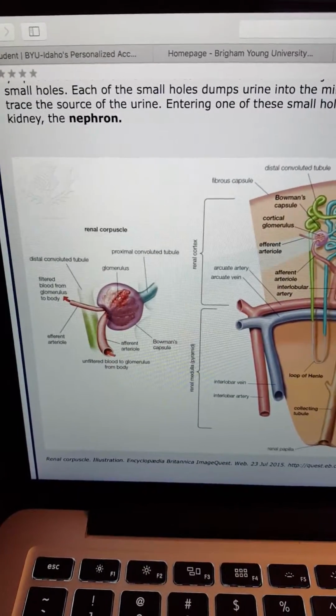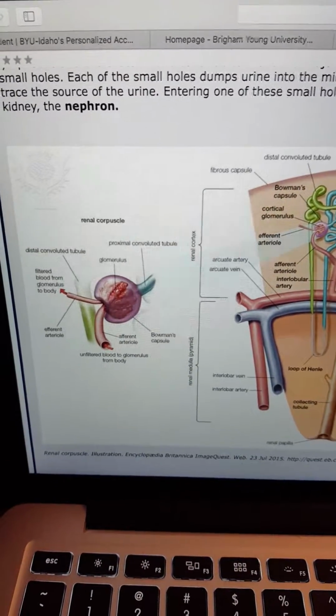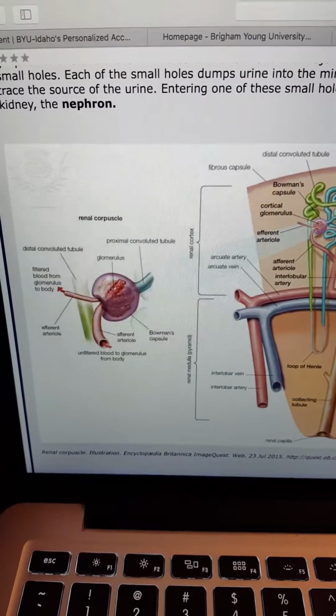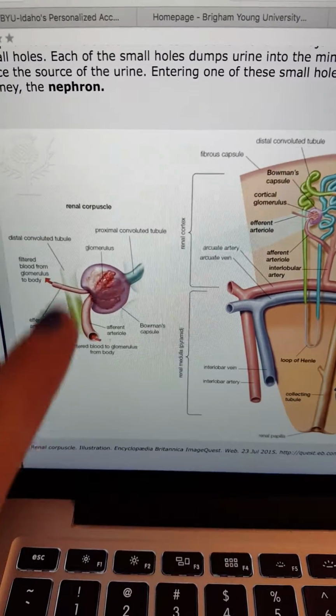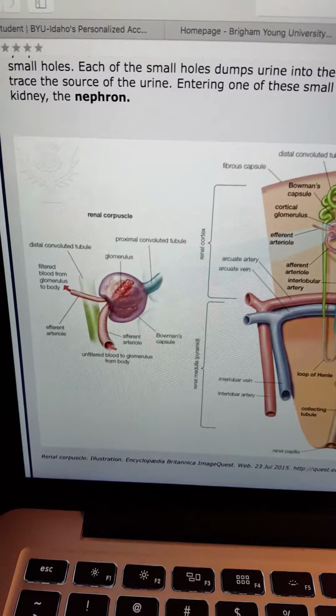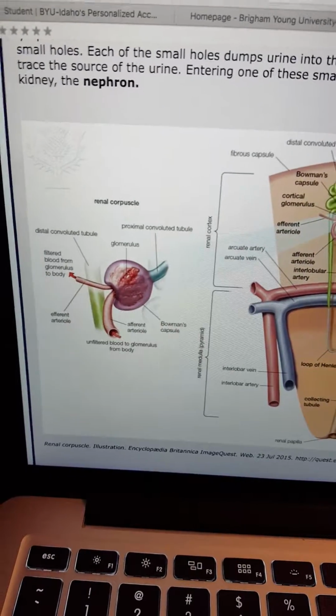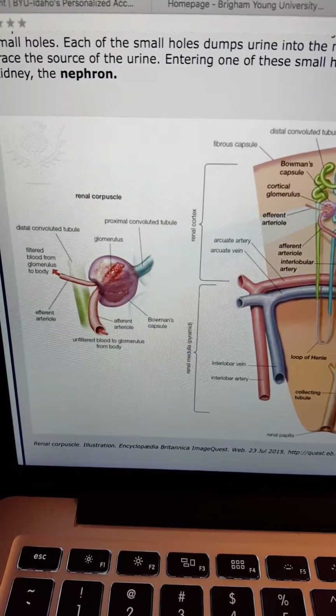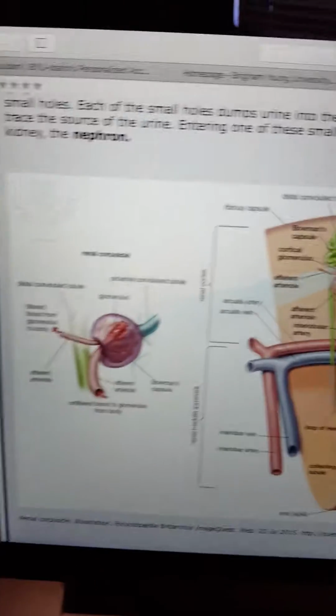And within the cup is the glomerulus, a capillary bed of blood vessels, and you can see the red capillaries inside there. The capillaries have blood that enters the kidney through the renal artery.